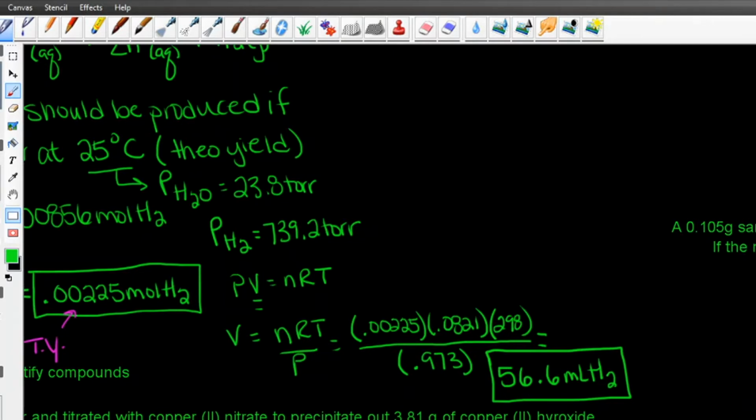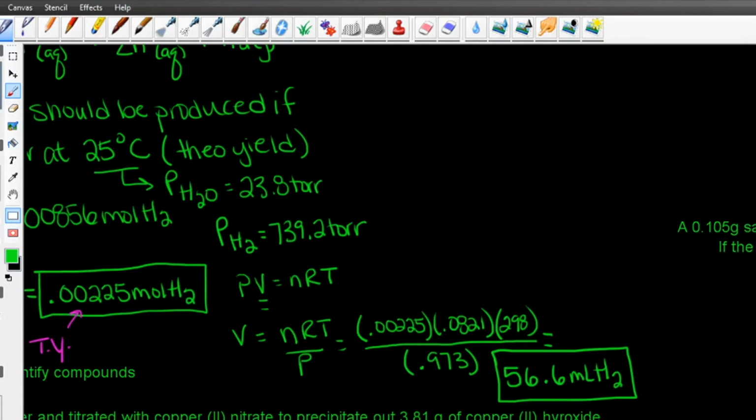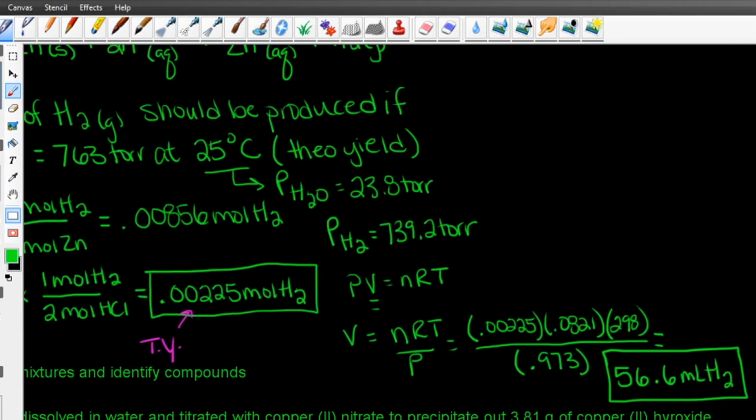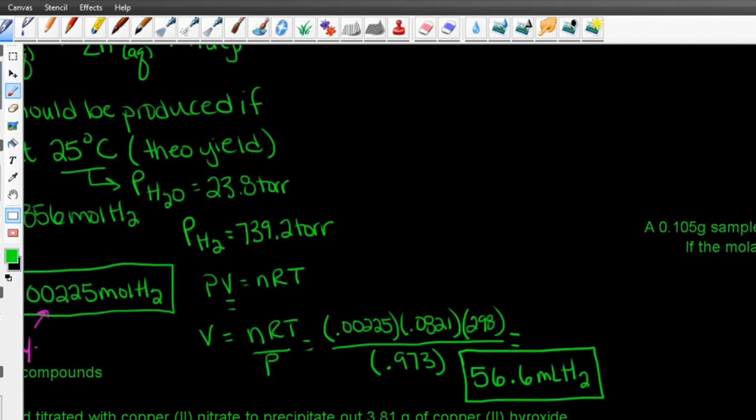What if the problem also asked, since I'm just going to keep adding stuff to this problem, what if your actual yield in the lab was only 50 milliliters of hydrogen gas? What is your percent yield? Of course we want our percent yields to be nice and high.